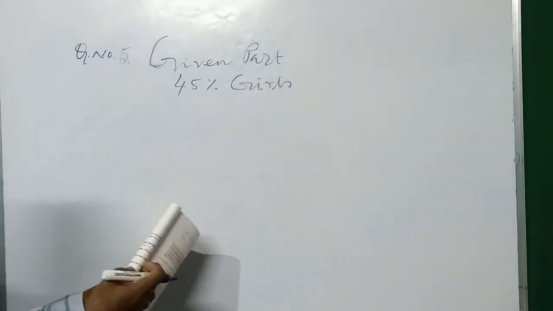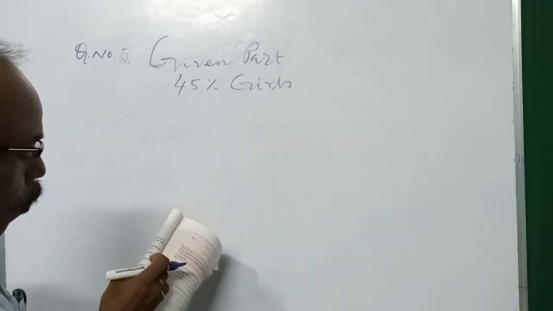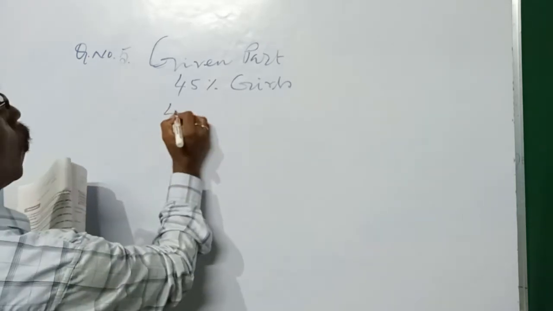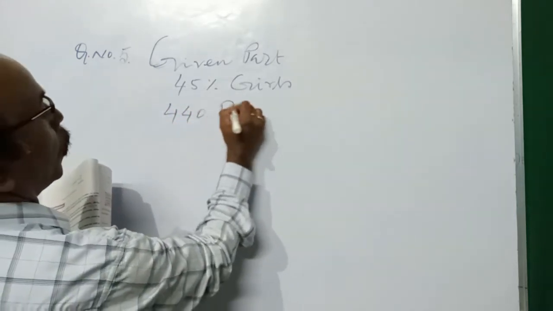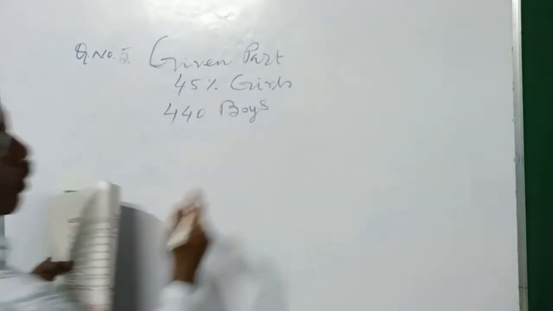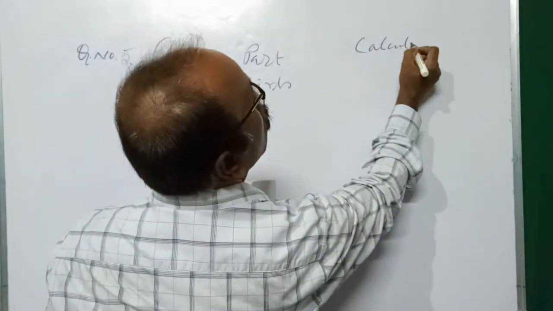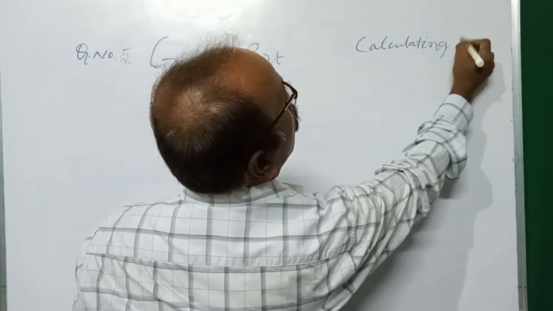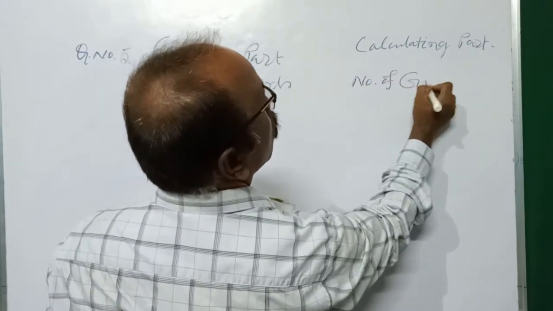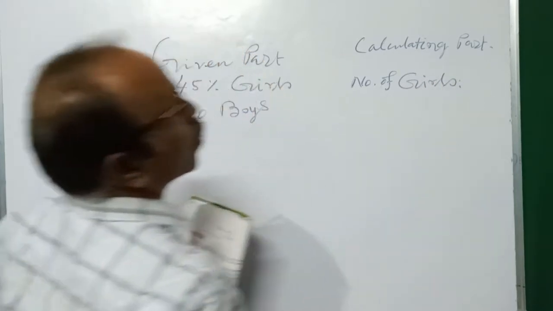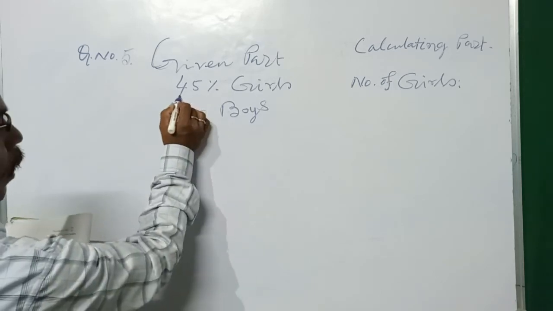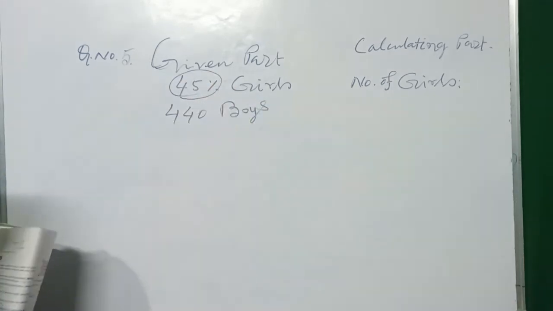If there are 440 boys, find the number of girls. My dear student, 45% are girls in that school.